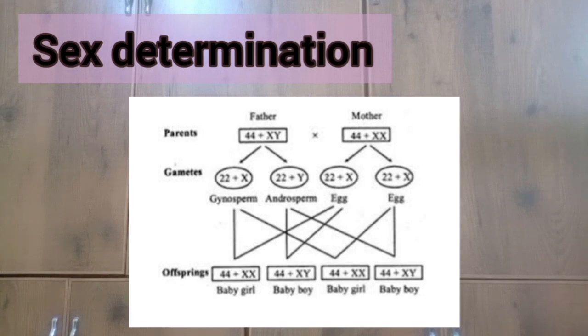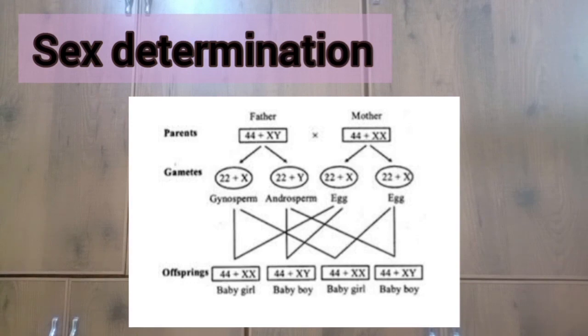So during gamete formation, first let us take males. It is 22 plus X and 22 plus Y. And females, it is 22 plus X, again 22 plus X. Now, when the fusion occurs, the result is 22 plus XX, again 22 plus XX, 22 plus XY, and 22 plus XY.